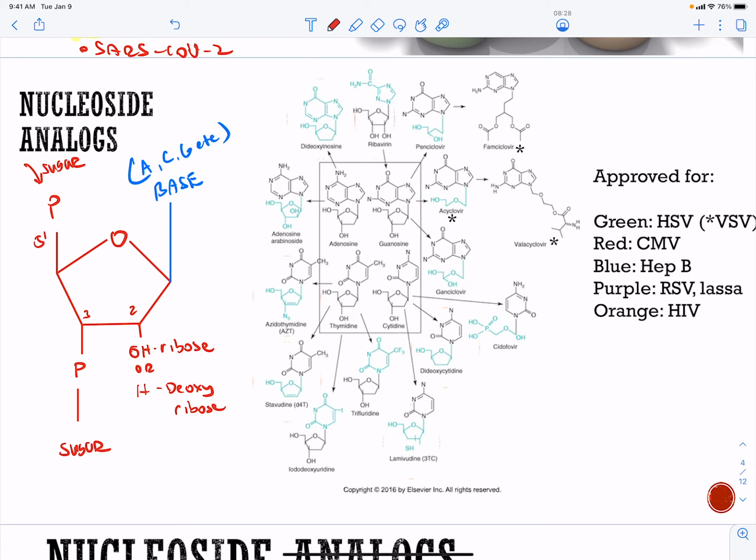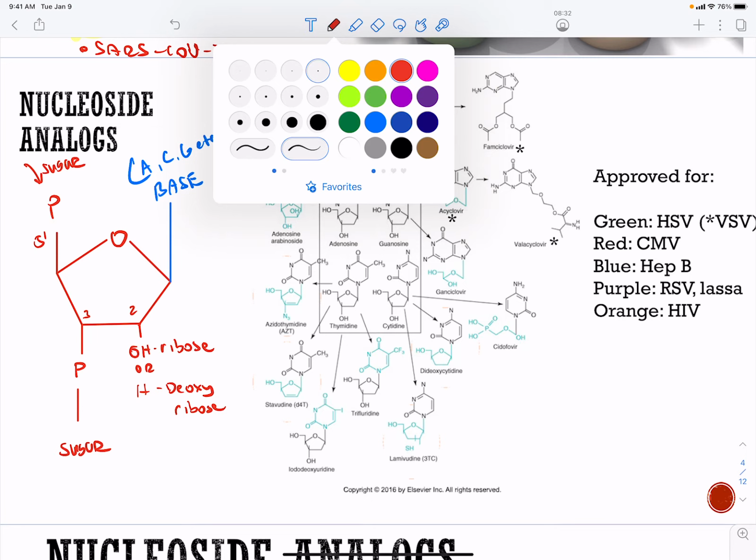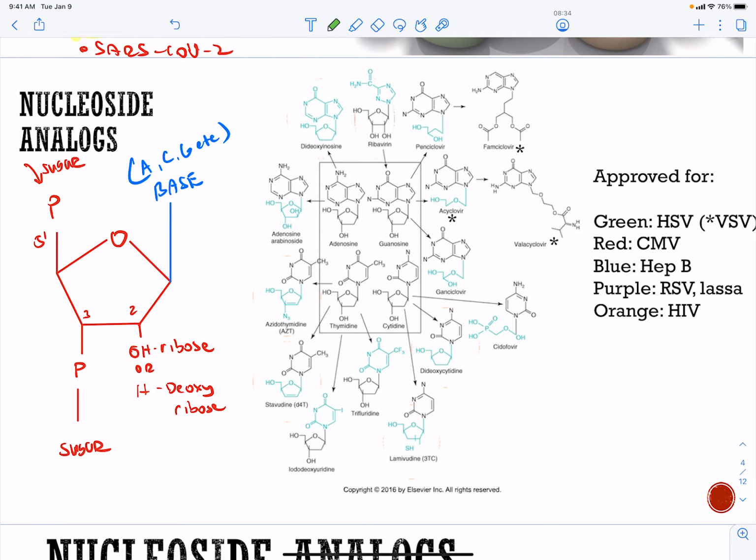So there are several nucleoside analogs, as you can see here. And so we have our green ones, which are going to be for herpes simplex viruses. And so we just circle these really quick. So here's a herpes simplex virus analog.